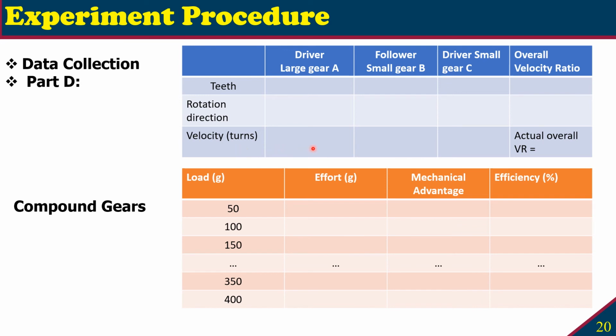So how much turn will have the driver gear, will have the follower gear B and C if you turn the driver gear A. So if your driver gear A rotates one rotation, how much it will rotate gear B and C, and from that you can find the actual overall velocity ratio, and we'll also have to find the overall ratio from counting the number of teeth, and we'll have to do the test for 50 to 400 as well.